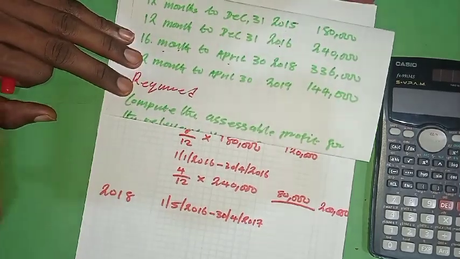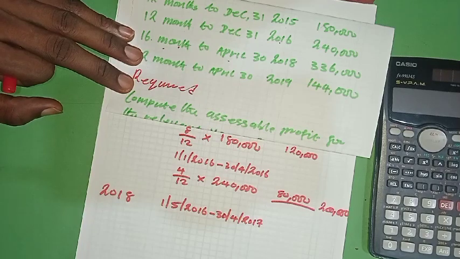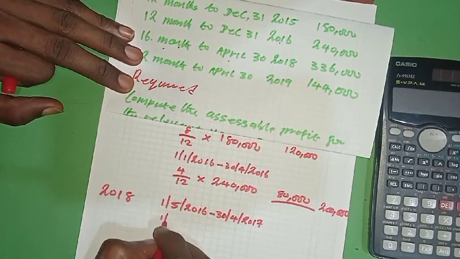Now, let's look. Here now, we are looking for what? 1st of May 216 to December 216. You understand? To December 216, this is what we are looking for.